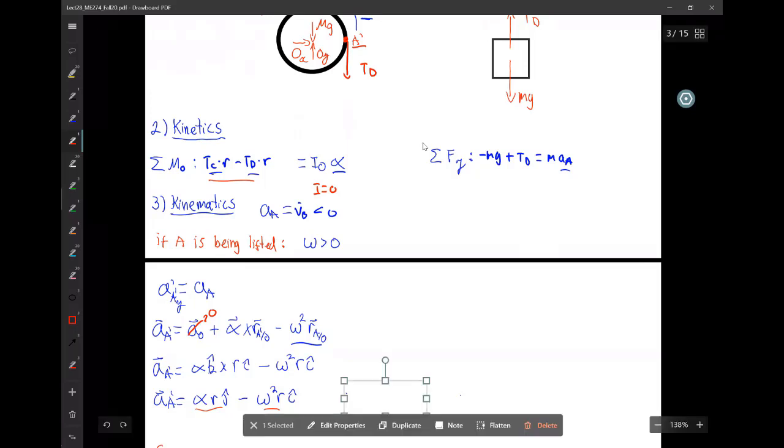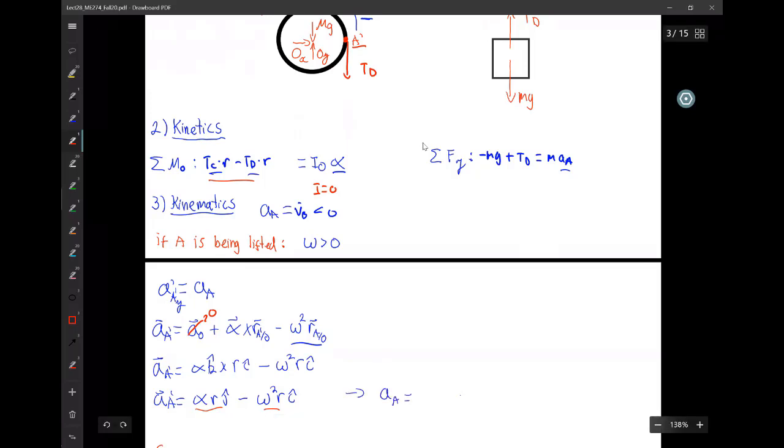So we can say that the acceleration of A equals the component in the J direction of the acceleration of A prime. So it's this, alpha times R. And we know that A is negative because the velocity, while it's being lifted, has been decreasing.